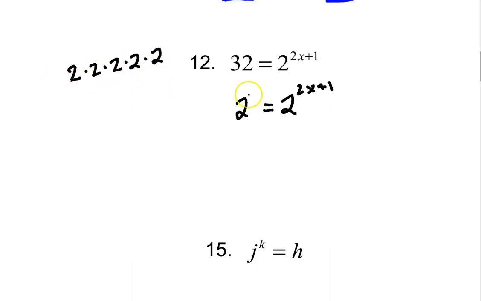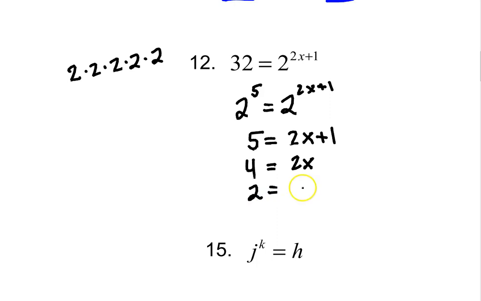So it's going to be 2 to the 5th power. So, like before, bases are equal, therefore the exponents are as well, and we can solve this. Subtract 1 on both sides, divide both sides by 2, and there's our answer. And we can do a check here just to verify if we need to.